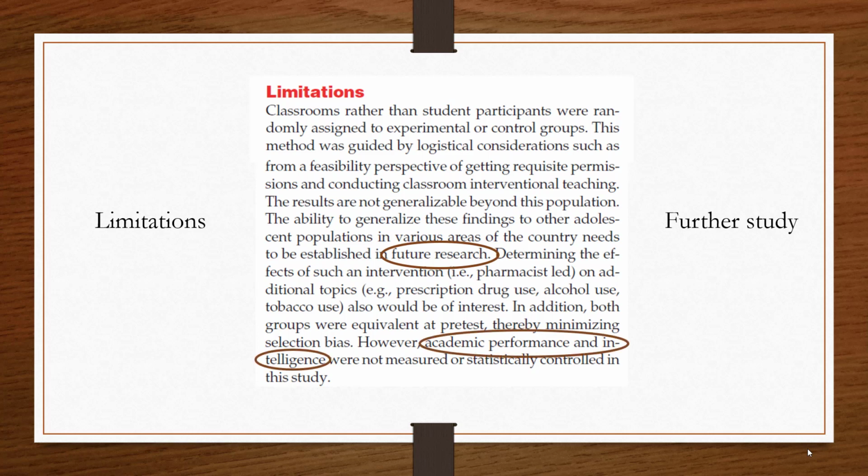Another limitation they mentioned down here was that they did not control for the variables of academic performance and intelligence. And we could imagine why they might not have controlled for those. To do that, they would have had to gather the grades and intelligence scores for all of the subjects they were studying. Of course, the IRB permission for collecting the grades and IQ scores for a whole mass of students would have been a very big hurdle.